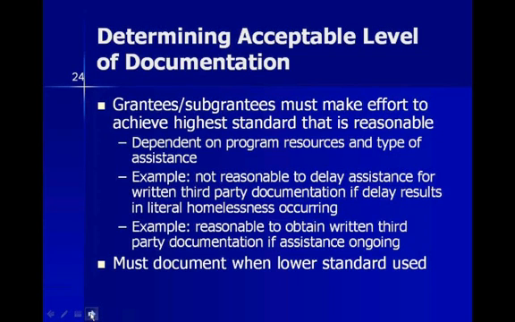It's expected that grantees and subgrantees will make every effort to achieve the highest standard that's reasonable given their program means and resources, as well as the type of assistance and the circumstances that present in a given case.